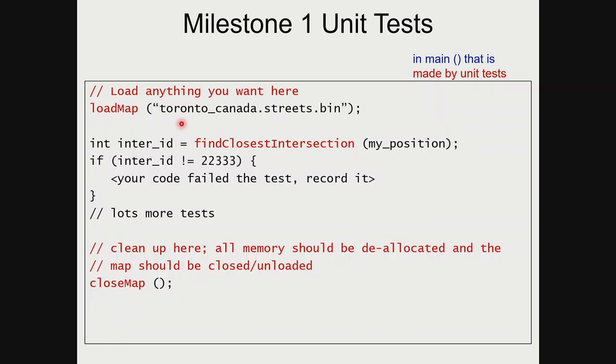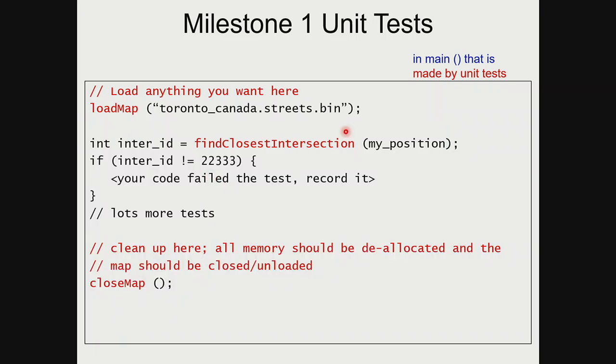Between those two lines, we call several of the functions that you implemented and that are listed in m1.h. For example, here we are calling find closest intersection on a variable called myPosition. We define this myPosition; it can be any randomly generated position. We ran this on our reference solution beforehand, so we know what the actual answer is.